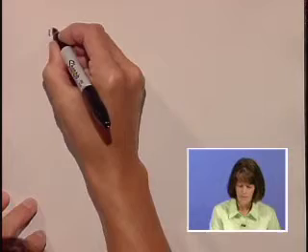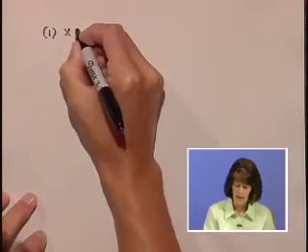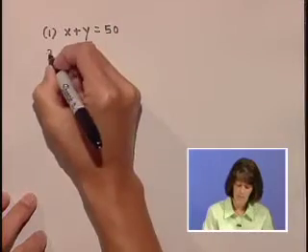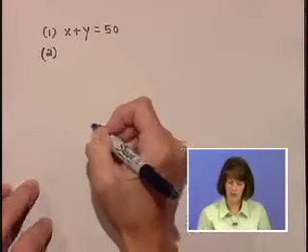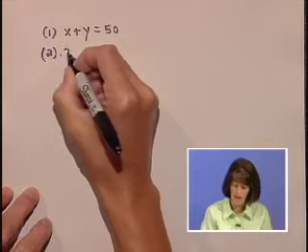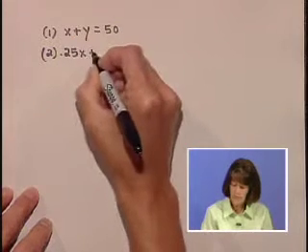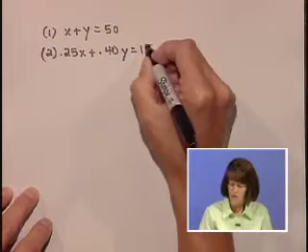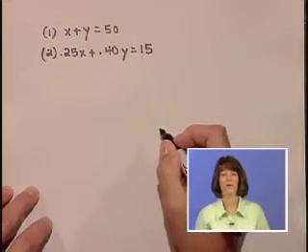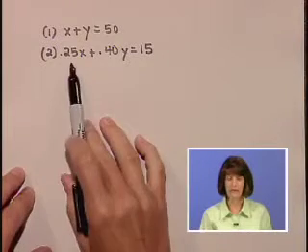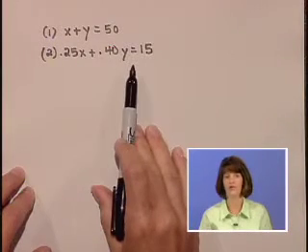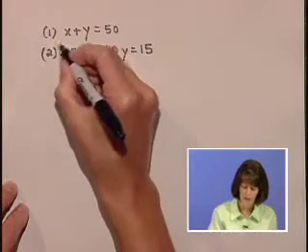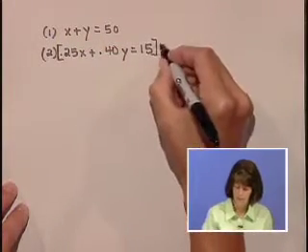Again, equation 1 was X plus Y is equal to 50. Just rewriting equation 2, it was 0.25x plus 0.40y is equal to 15. I'm going to go ahead and start by eliminating the decimal values from equation 2. We can multiply equation 2 through by 100 to do this.